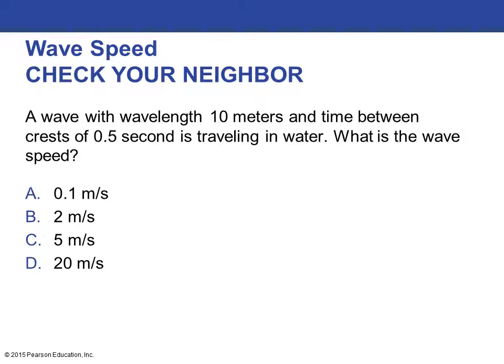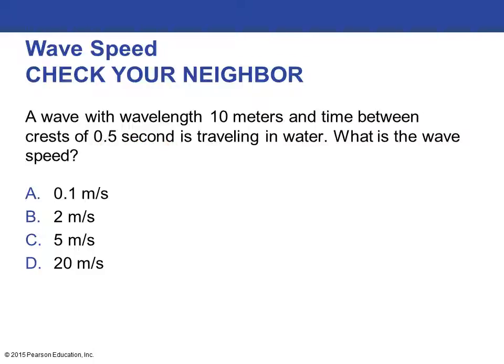So let's do another problem here together. If a wave has a wavelength of 10 meters and the time between the crests is 0.5 seconds and it's traveling in water, what is the wave speed? So to get wave speed, you're going to need the frequency times the wavelength. They give you the wavelength here, and then they give you the time between crests, which is 0.5 seconds, or half a second.